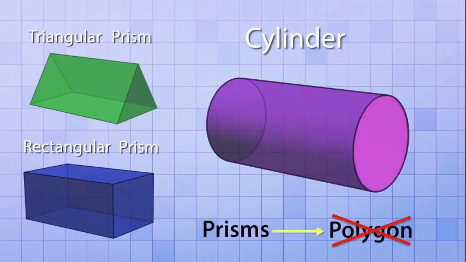The circle is not a polygon, and hence we don't call it a prism, it is a cylinder. By the way, the rectangular prism which we got by extending a rectangle is nothing but a cuboid. And now we are going to study a bit more about the rectangular prism, that is the cuboid, and the cube.